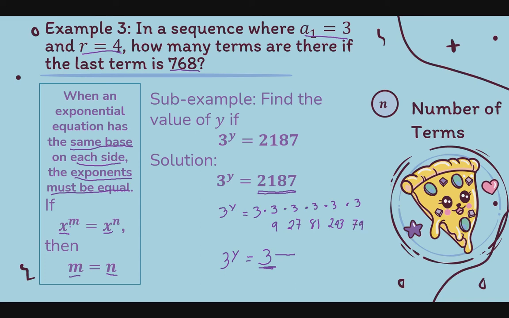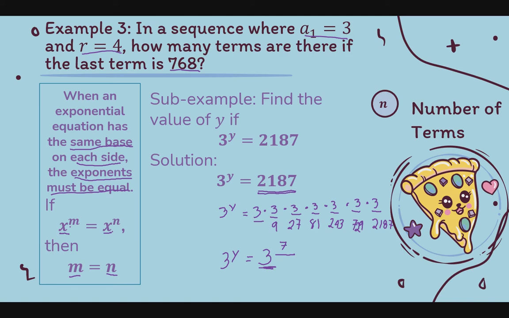And kapag minultiply mo yun sa 3, makakapunta na ba tayo sa 2,187? Please check. Multiply 3 by 729. So, kapag minultiply mo yan, makakarating tayo sa 2,187. Therefore, ilang 3 ang meron tayo? Let's count. 1, 2, 3, 4, 5, 6, 7. Very good. So, 7 na 3 ang minultiply natin bago tayo nakapunta sa 2,187.